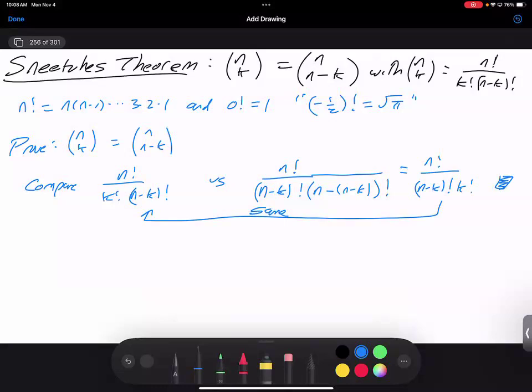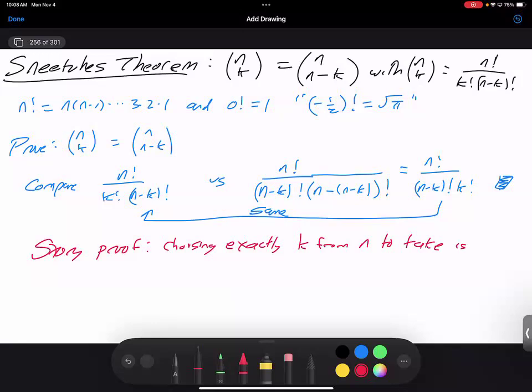And this kind of suggests what's going on. The story proof: choosing exactly k from n to take is the same as choosing exactly n minus k from n to exclude.